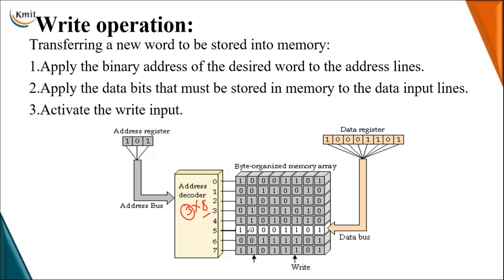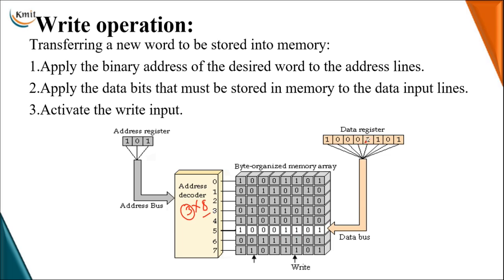Now based on your control operation, if it is a write, you have to enable your write input, and the data which you want to store into the selected memory location must be loaded onto the data register. Using the data bus, you can transfer the data register content upon enabling the write signal and selecting your particular memory location.